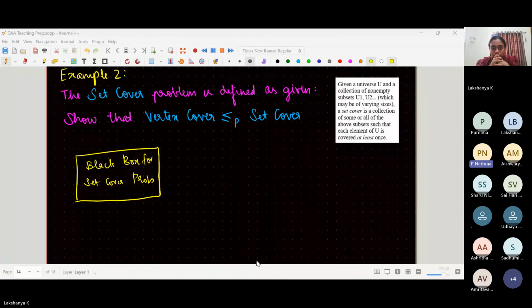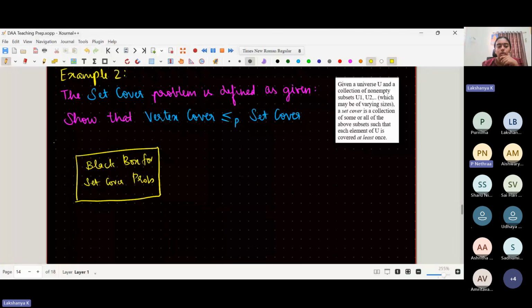Oh, wait, I have a doubt. Like, the black box, if we give a couple of subsets, will it tell whether they cover? No, you give it the universe. You give it S1, S2, up to whatever subsets you have. You give it all of that.